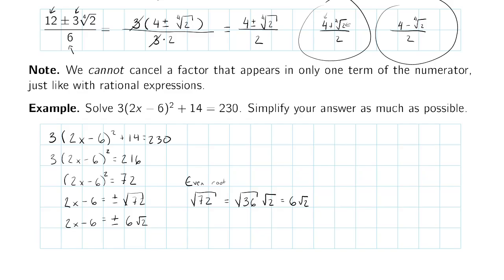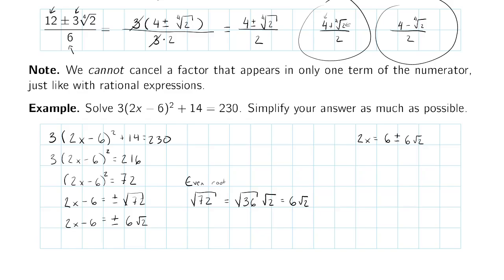Now we finish solving for x. We'll add 6 to both sides, and we'll get 2x equals 6 plus or minus 6 root 2. And notice that we can't combine those. Thinking of just the plus version for a moment, 6 plus 6 times the square root of 2 is not 12 times the square root of 2. It's not just 12. We just can't combine those.